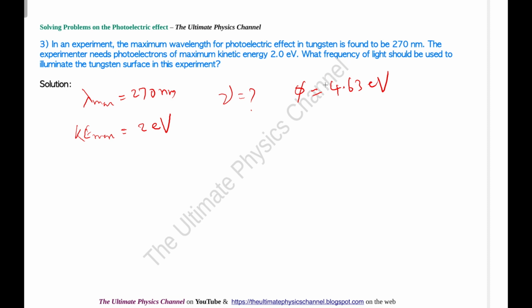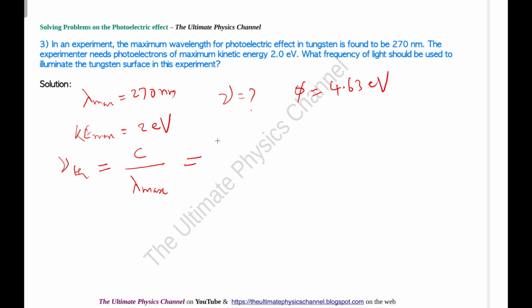First, of course, we can even calculate the threshold frequency. The threshold frequency for tungsten in this case is c over lambda max, because the threshold frequency is the minimum frequency that will cause photoelectric effect, and that is the velocity of light c over the maximum wavelength lambda max.